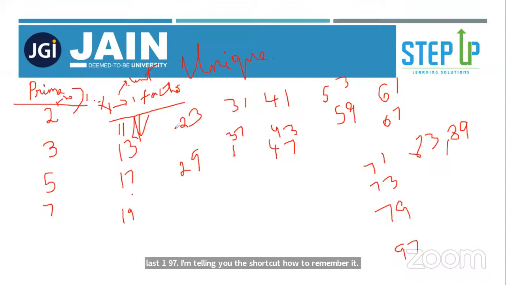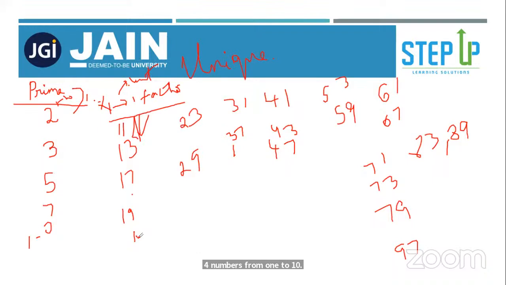Now I'm telling you the shortcut to remember it. Just take a look. I have four numbers from 1 to 10. The second one is again four numbers from 11 to 20.